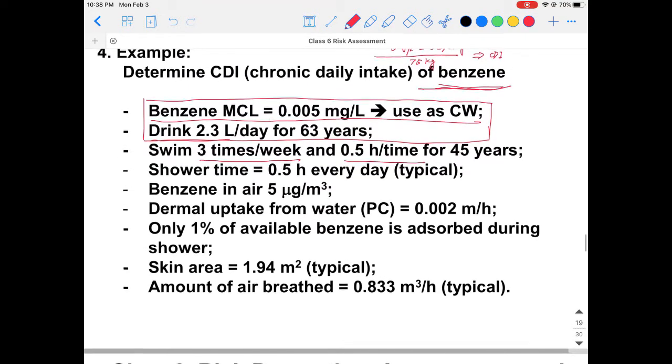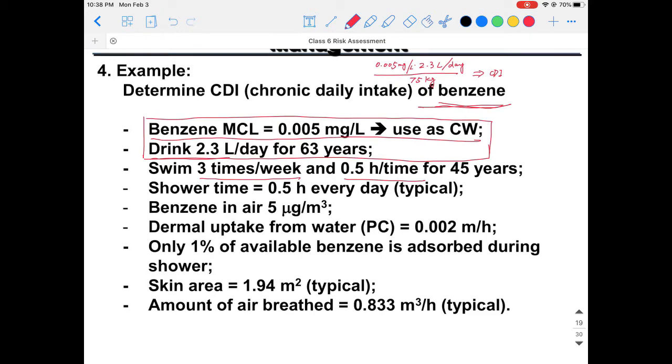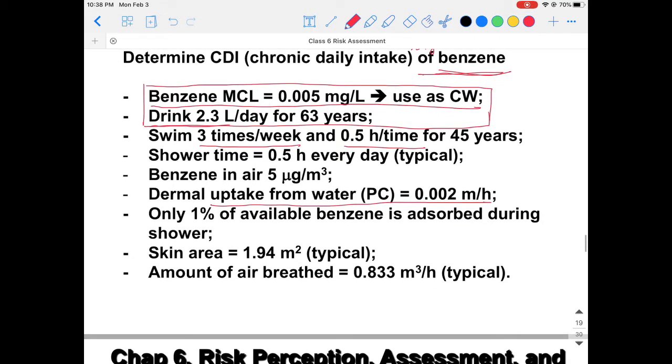So again, we need to calculate the surface area of the human body, multiply that by the concentration of the benzene, and divide by the body weight of the human again. And also we need to consider the dermal contact or the dermal uptake from the water.